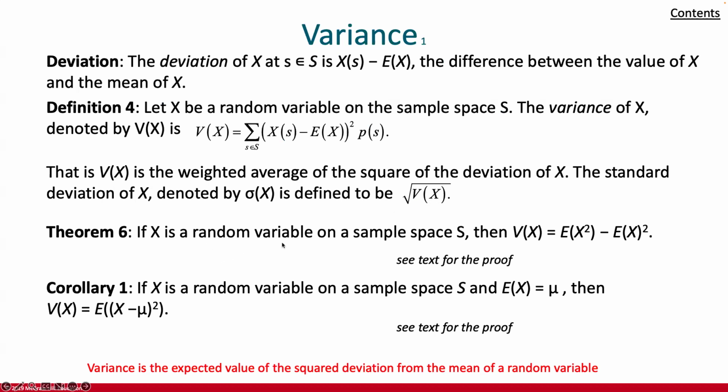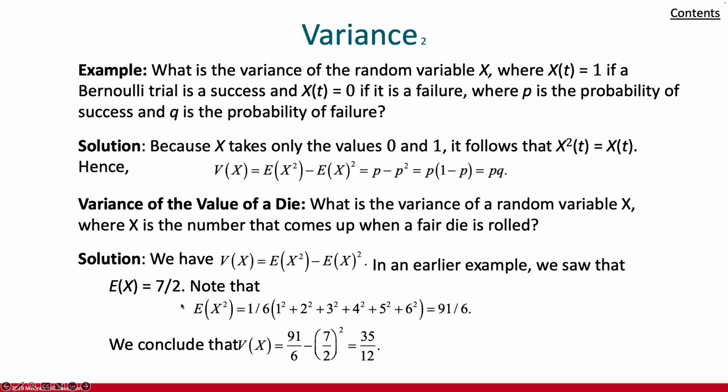If X is a random variable on the sample space S, then V(X) is equal to the expectation of X squared minus the square of the expected value of X. So some interesting information there for us to be thinking about. We have a couple of examples.